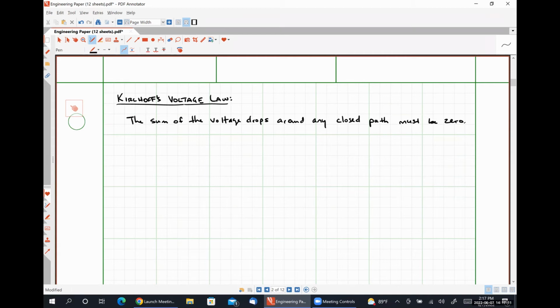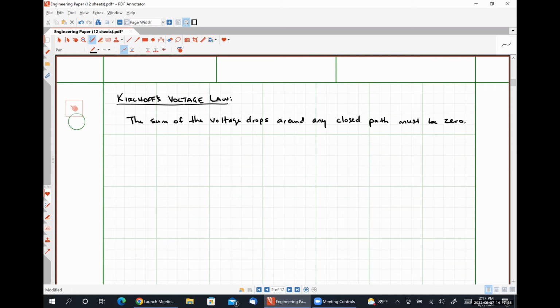Because as we learned in our last class, a voltage drop is related to a transfer of energy. And so Kirchhoff's voltage law effectively states that the total amount of energy transferred in a system has to be equal to zero, meaning that energy in a system cannot be created or destroyed. Okay?